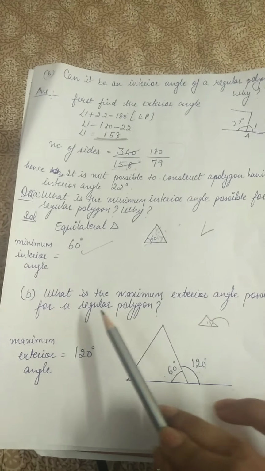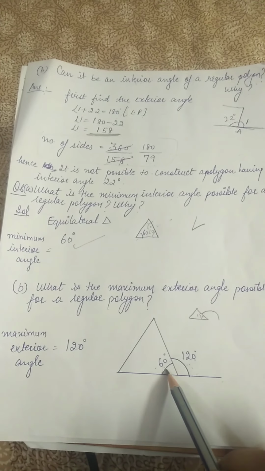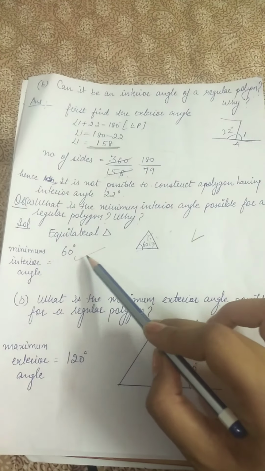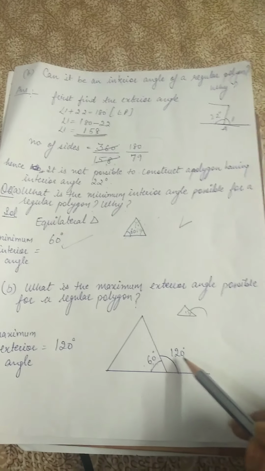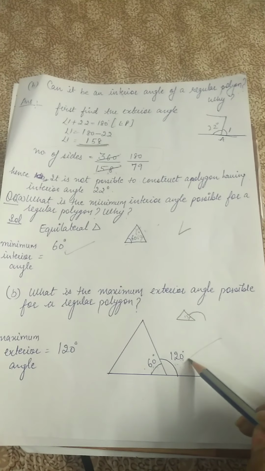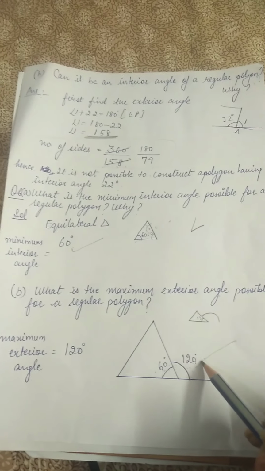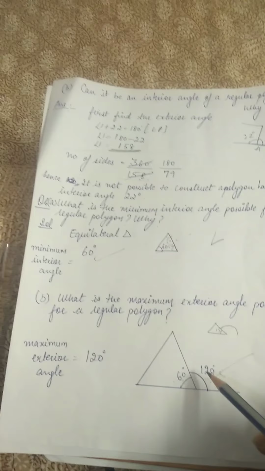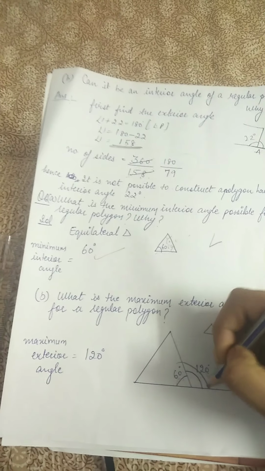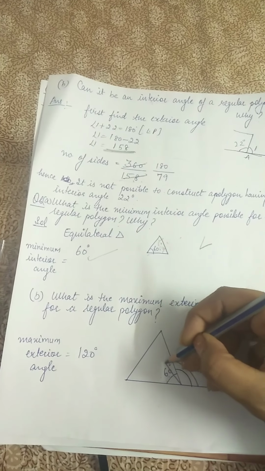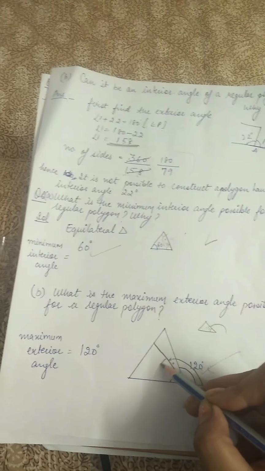But you know that in a regular polygon, your smallest interior angle is 60 degrees. Here you can see that your smallest interior angle is 60 degrees. Therefore, your maximum exterior angle should be 120 degrees. You cannot find an exterior angle greater than 120, because if you did, your interior angle would have to change.